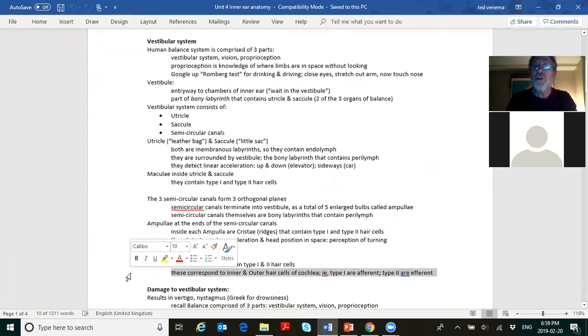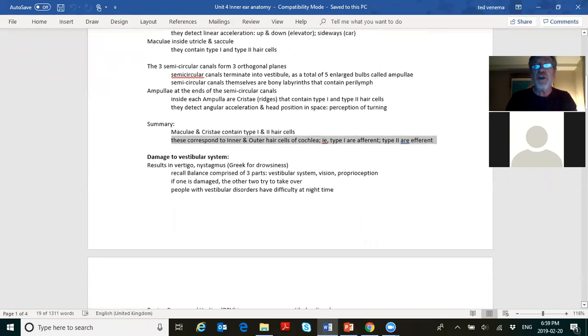These correspond to inner and outer hair cells of the cochlea, i.e. type 1 are afferent, type 2 are efferent. Make sure you know what afferent and efferent mean. Afferent, think at, going to the brain. Efferent, think exit, coming from the brain. The whole system is a two-way street.